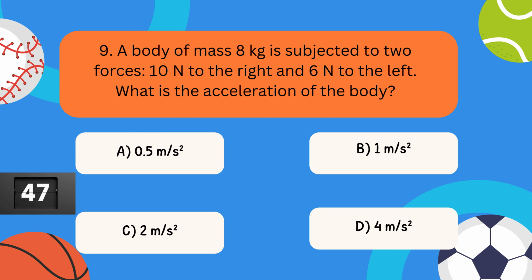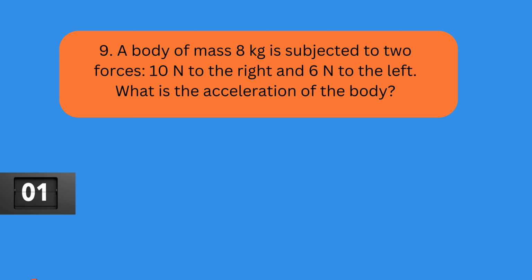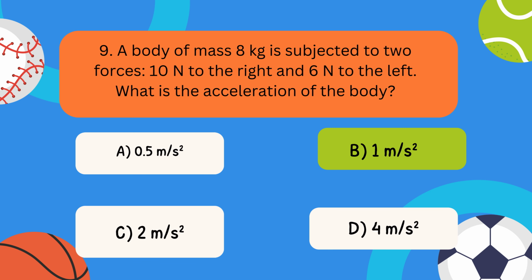Options are 0.5 meters per second squared, 1 meter per second squared, 2 meters per second squared, 4 meters per second squared. Correct answer is 1 meter per second squared.